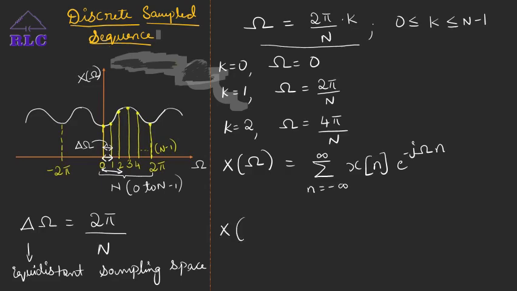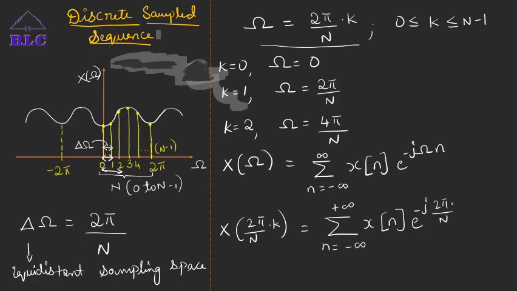X of 2 pi by N into k is equal to summation n from negative infinity to positive infinity x of n into e power minus j 2 pi by N into k, which is the omega value, into n.